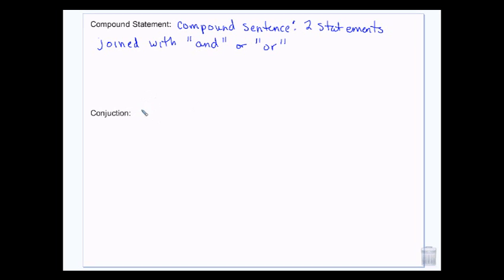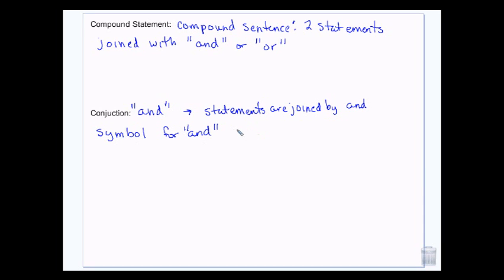Conjunctions are ands. Okay. So it's the statements joined by and. The symbol for and is an upside down V. Okay.